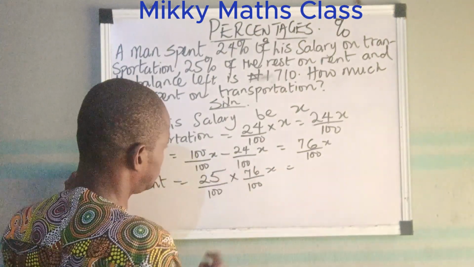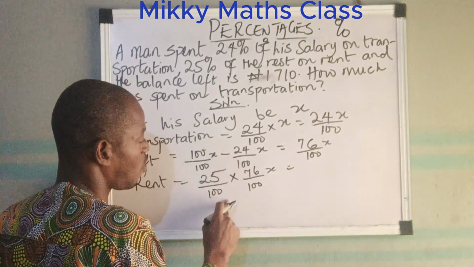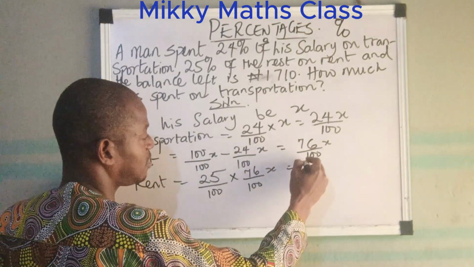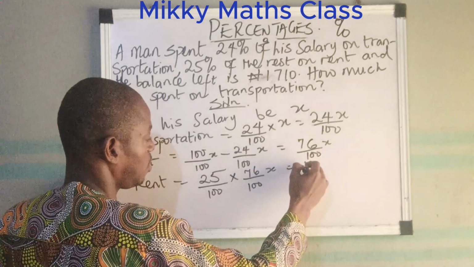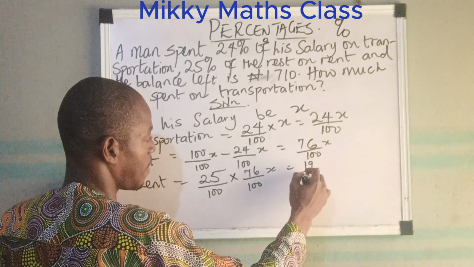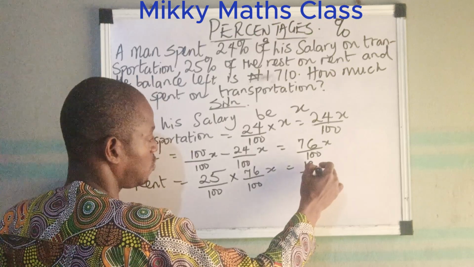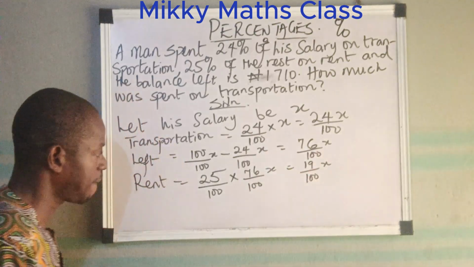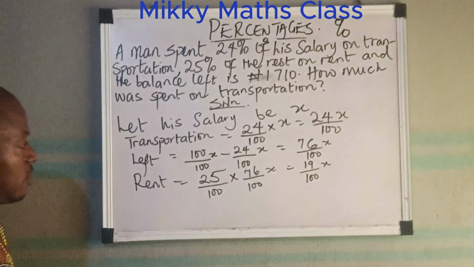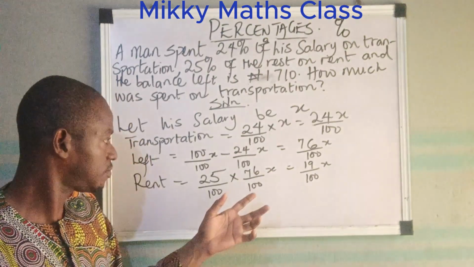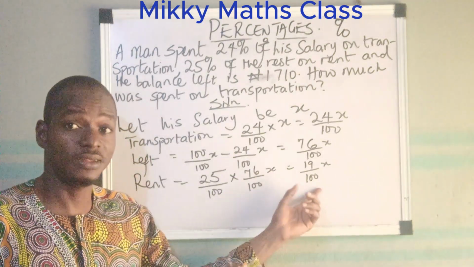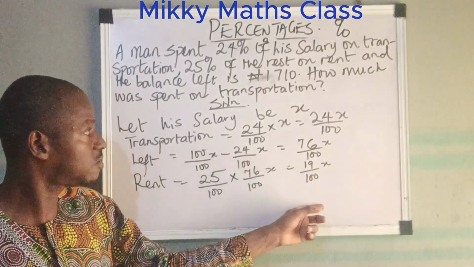When you simplify this, 4 here 1, 4 here 19. That will give us 19 over 100x. That will be the remaining 19 over 100x.